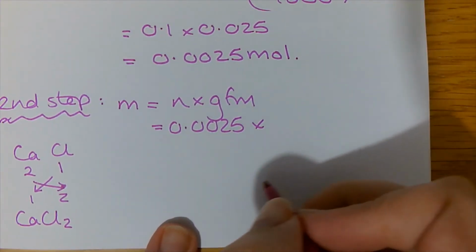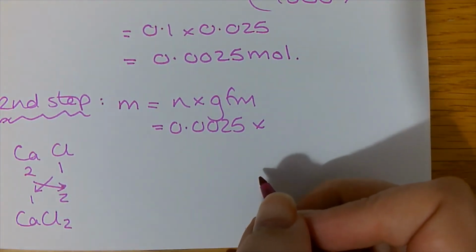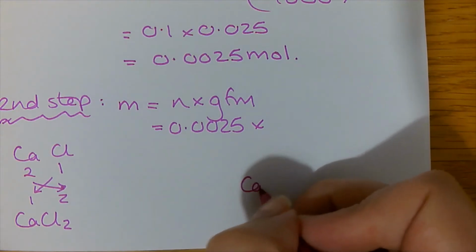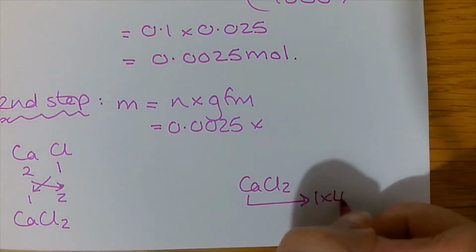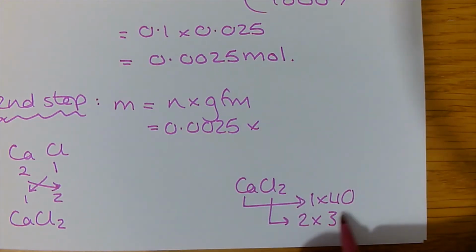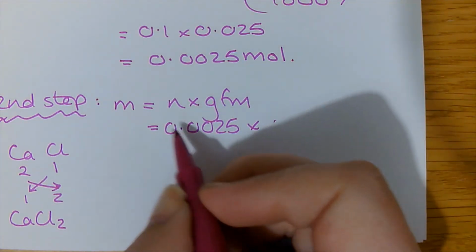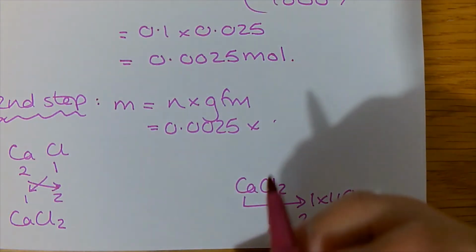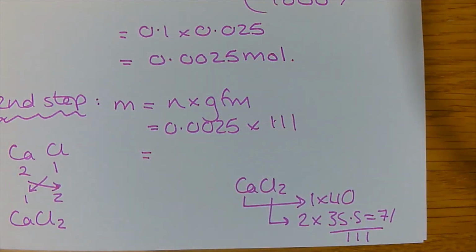I'm going to come over to this bottom corner here so that I can do our gram formula mass steps. Calcium's 1 times 40. Chlorine's 2 times 35.5, 71. So we have 111 here. So back to our mass. Mass equals 0.0025 times 111 for our gram formula mass.